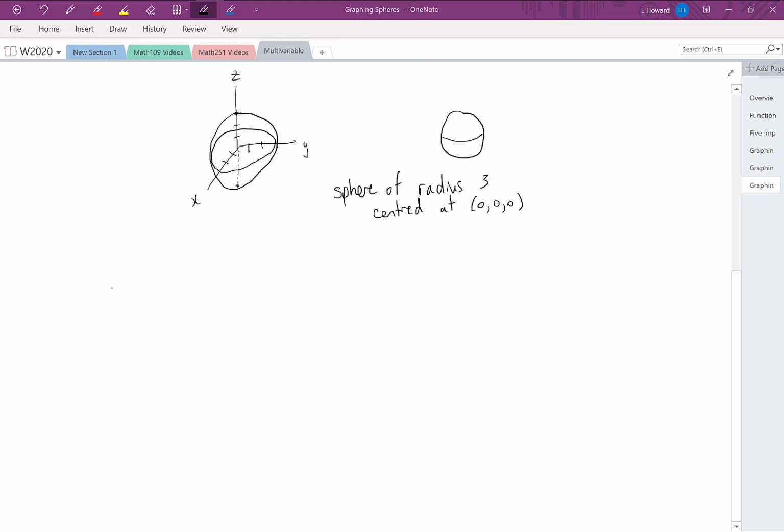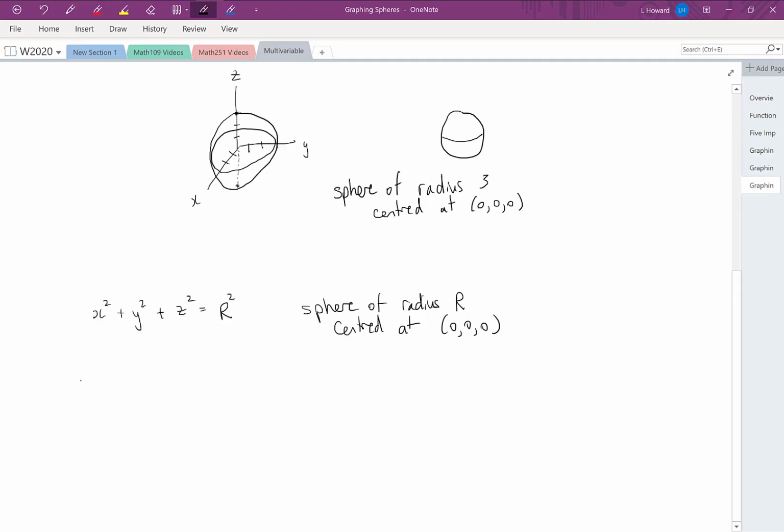So now that we've seen a first example of graphing a sphere, let's talk about a couple of transformations. If we see the equation x squared plus y squared plus z squared equals R squared, we should now recognize that as a sphere of radius R, centered at 0, 0, 0, so centered at the origin.